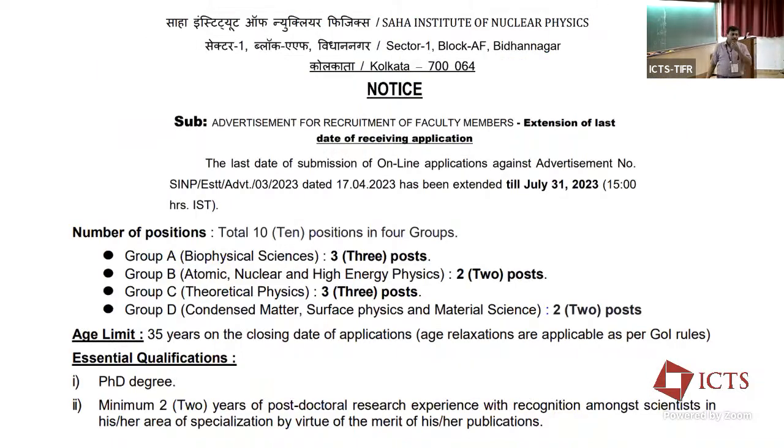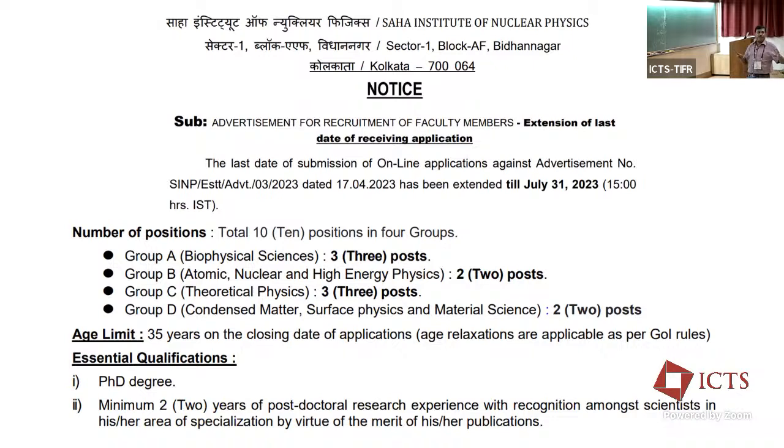But very importantly, we are seeking faculty positions. This is important because at the end of the day, you need jobs. There is a faculty position advertisement at Saha Institute of Nuclear Physics. The last date is July 31st, 3 p.m. So be very careful. We have many faculty positions, but in group B we have 2 posts. It's not decided which one goes where.